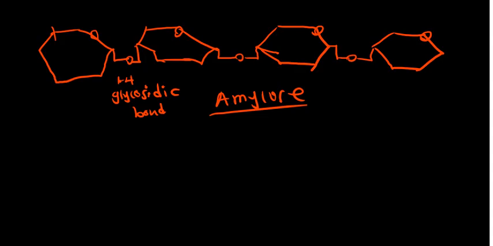This amylose can be broken down by addition of water, just the way we did the other ones. So you can add water or remove water, which is condensation and hydrolysis.